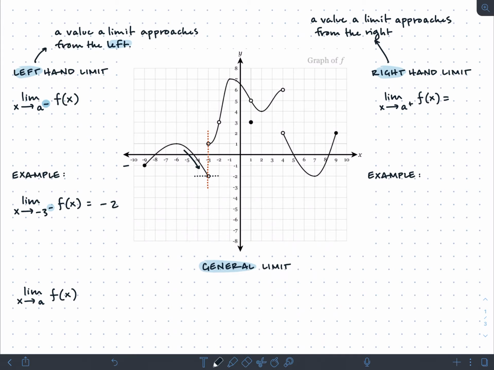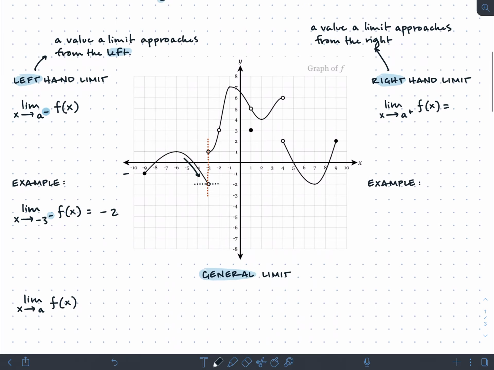Alright. Up next we have the opposite direction. We have the right-hand limit. So a value that a limit approaches from the right. You'll notice that our notation changes a little bit, that we've added this plus sign. That's because we're approaching from the right side of the graph.